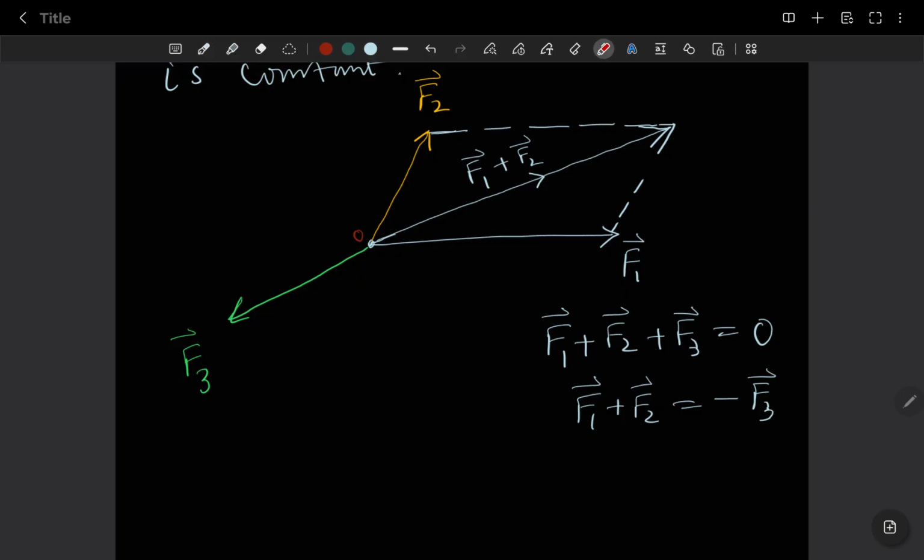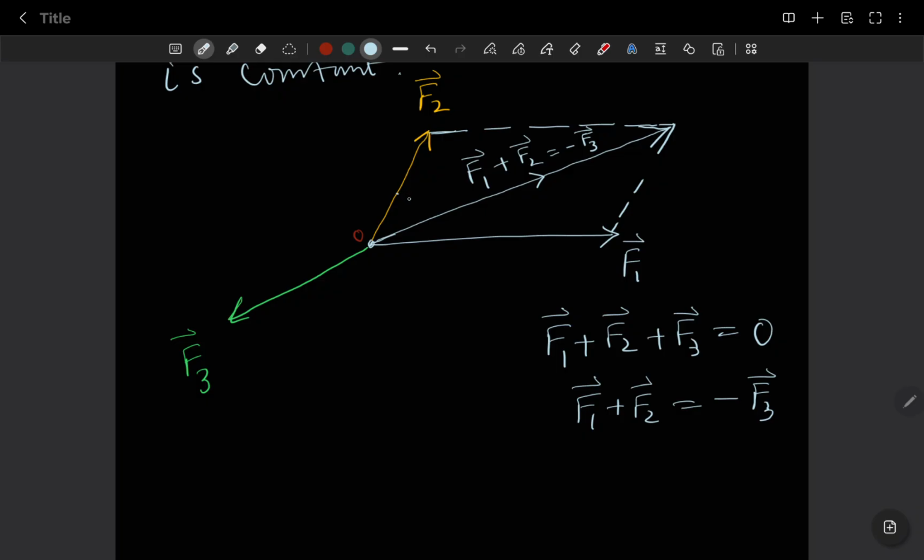So F1 plus F2 and F3 are equal and opposite. The magnitude is F3, but the direction is opposite.